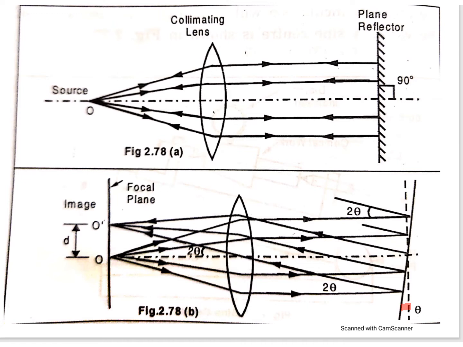So we can measure this D and convert it into the angle, which is the required measurement we need from the autocollimator. So D is equal to 2 theta into F. Very simple formula, 2 theta into F. Theta is in radians.